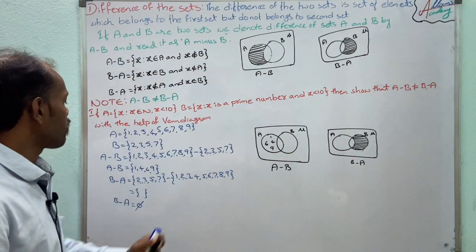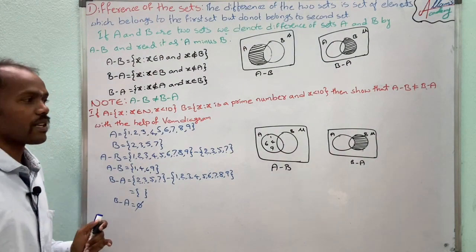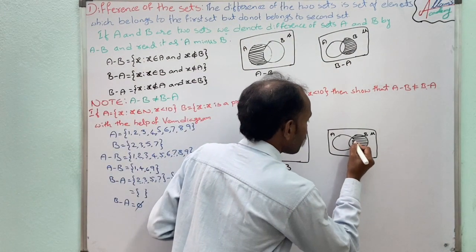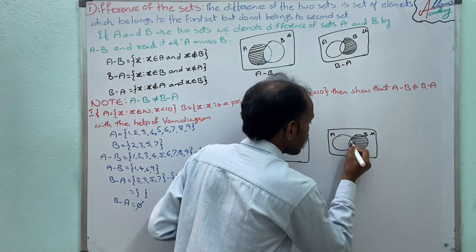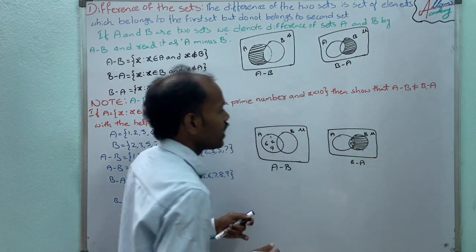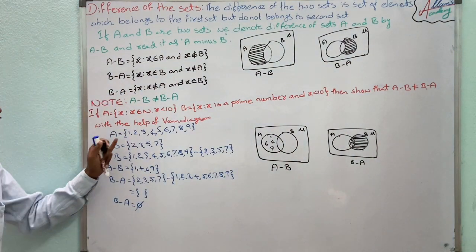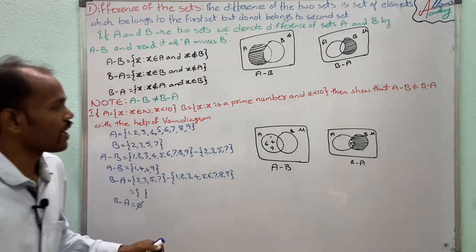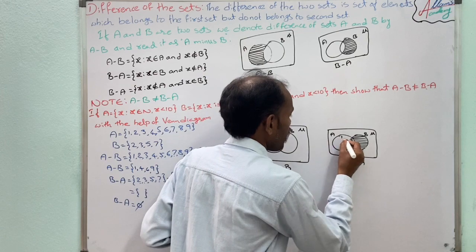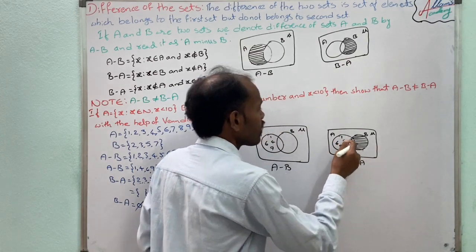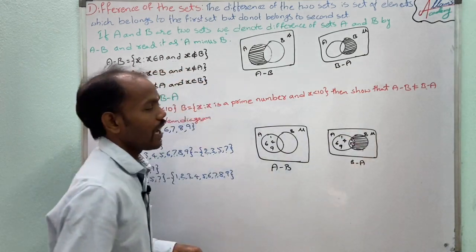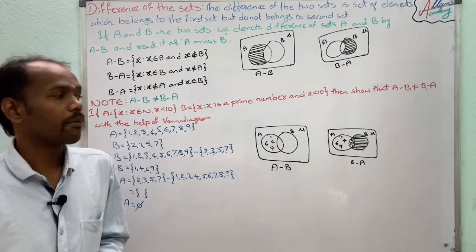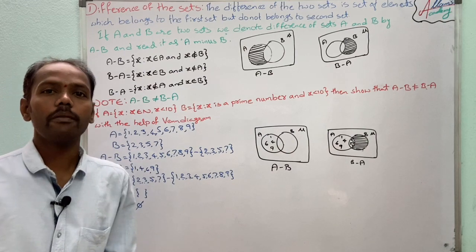In the common space, the elements presented are 2, 3, 5, 7, so that will be written as 2, 3, 5, 7. In the first set the remaining elements are 1, 4, 6, 9, so that will be written as 1, 4, 6, 9. So it is an empty space, and here no element is present in the set B minus A.